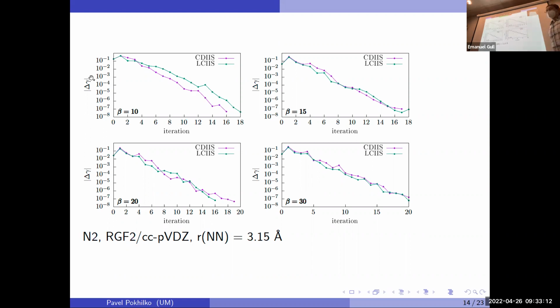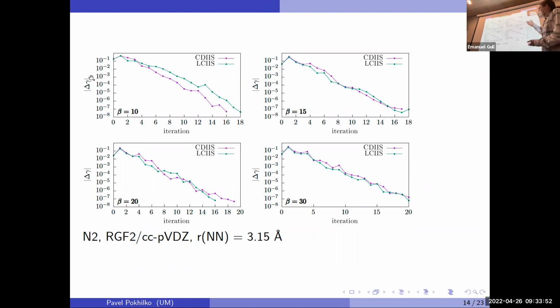This is a stretched nitrogen molecule where the triple bond is broken. Pretty strongly correlated system. If I heat it up to high temperature, then the restricted Hartree-Fock converges very quickly. And if I start from it, the restricted GF2 also converges without any problem. Now, if I take the restricted GF2 solution from it, decrease the temperature and start from it, again the convergence can be easily reached.